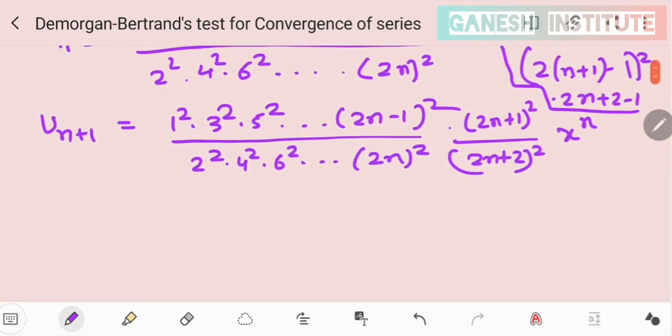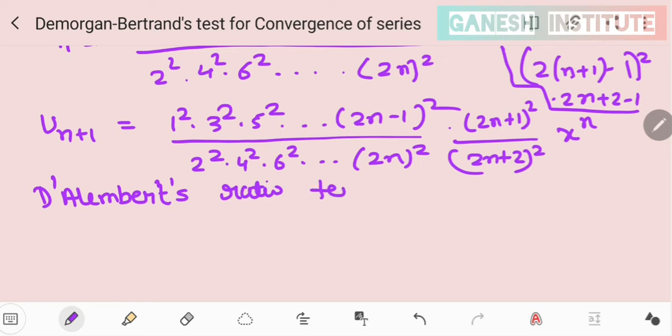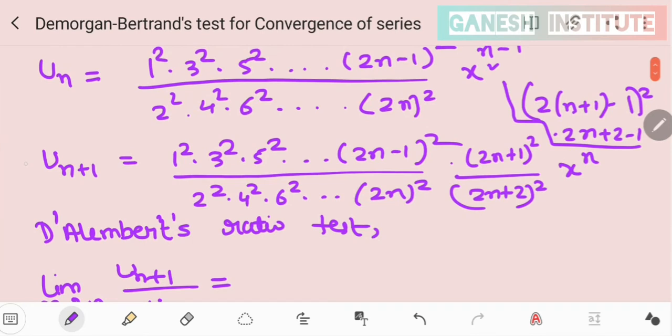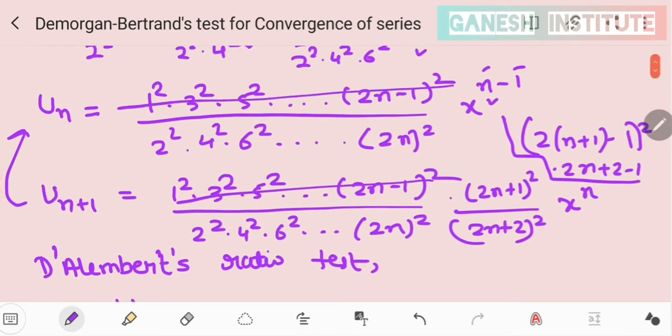Now according to D'Alembert's ratio test, we have to find the value of limit n tends to infinity un plus 1 by un, right? If you divide these two, this term got cancelled out, this term got cancelled out.